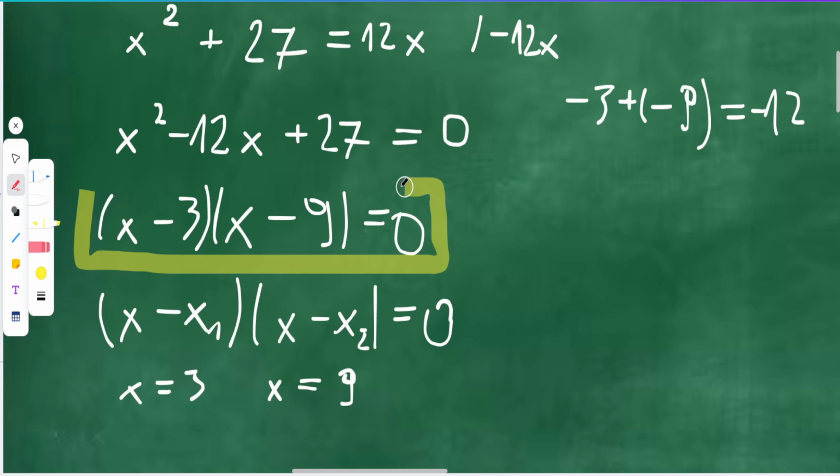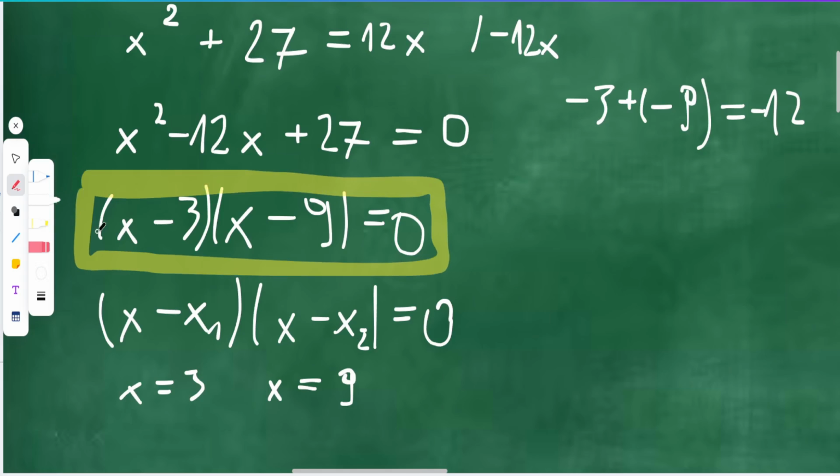When we have such an equation written down, we notice that here there are two brackets, and between them there is a multiplication. These two brackets are multiplied, that is this expression times this expression. If we look closely, this product is equal to 0. And what numbers that are multiplied with each other will give 0?